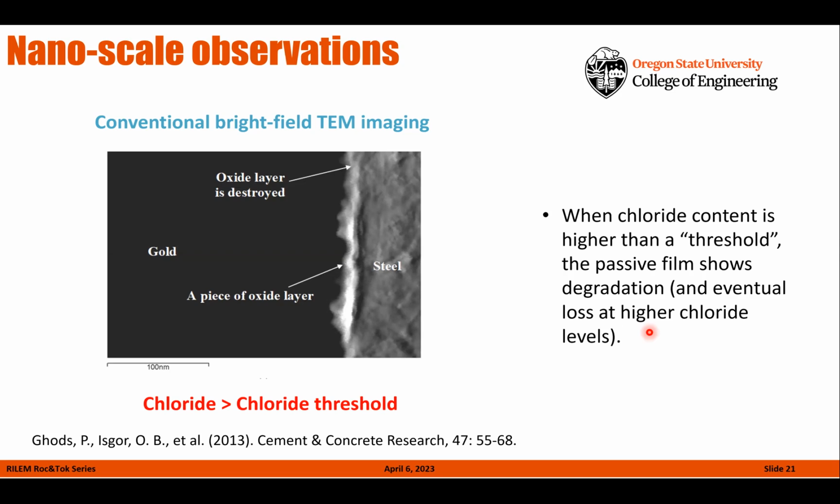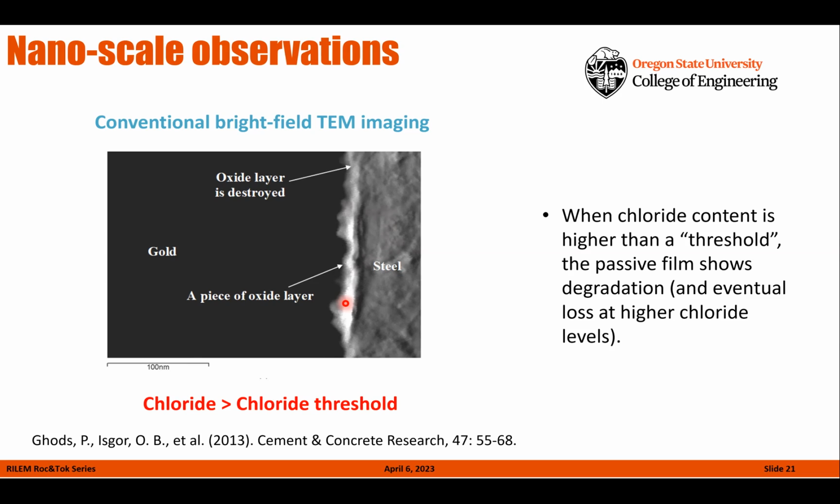But if you exceed the chloride threshold, determined by the parallel electrochemical test, and you add more chlorides and look under the TEM microscope, you actually see the deterioration of the passive film. So we can visualize the deterioration as a function of chloride content.